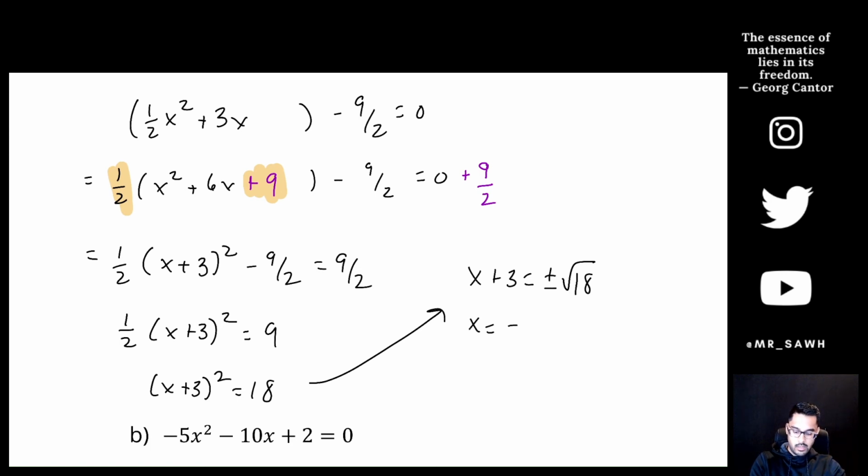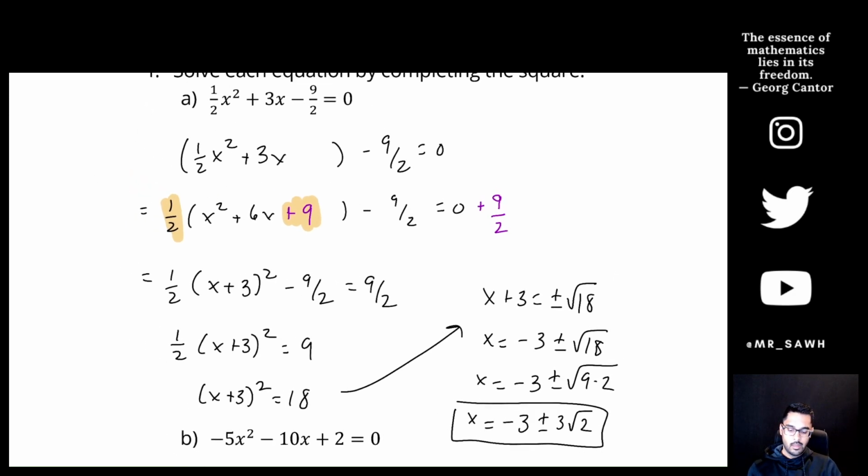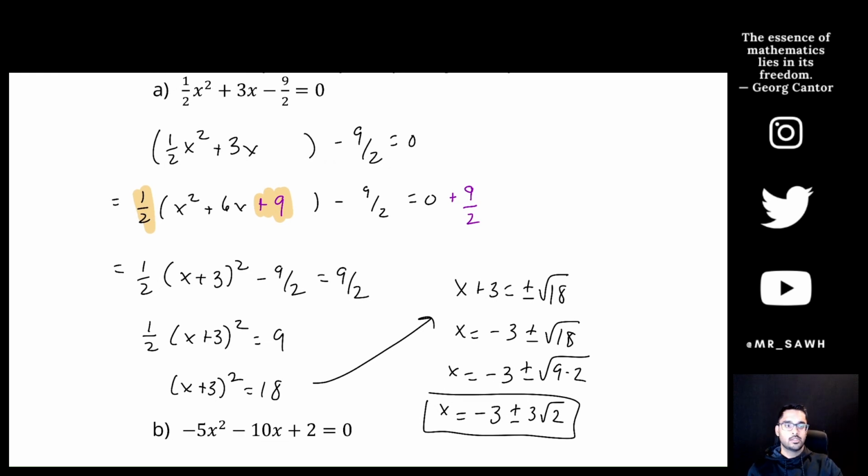Subtract 3, so negative 3 plus or minus the square root of 18. 18 can be written as 9 times 2. Square root the 9 and bring it out front, so you get negative 3 plus or minus 3 square root 2 as your solution. So once you get the hang of the pattern, there really is just one step before you can actually solve for it like we've done before.